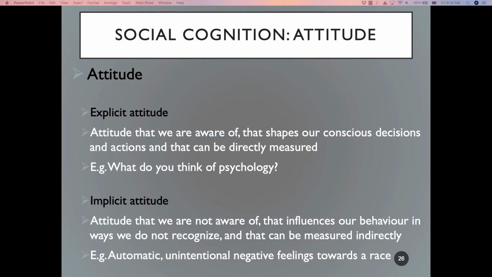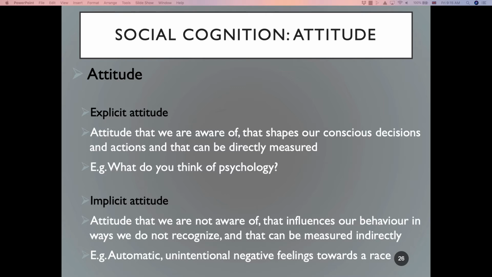But we can also have attitudes that are implicit. And these are attitudes you're not aware of. If we've got time at the end, Harvard University are doing some research on implicit attitudes. I don't think we'll have time in the lecture, but I've given you the link to look at your implicit attitudes, attitudes you are not aware of. And these are quite strong. You have an automatic, unintentional, negative feeling towards all sorts of individuals.